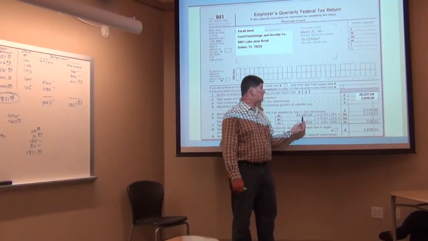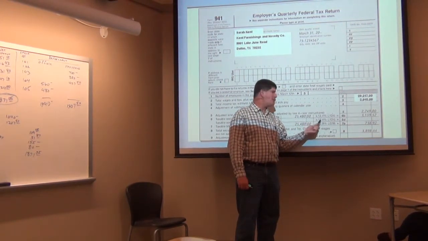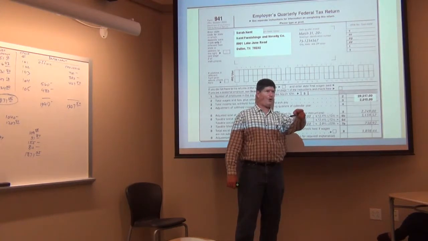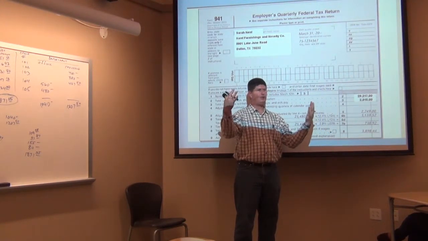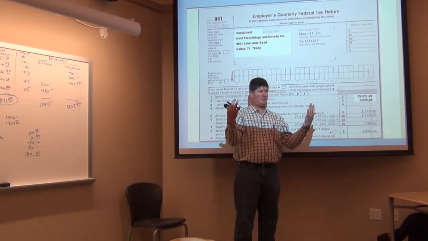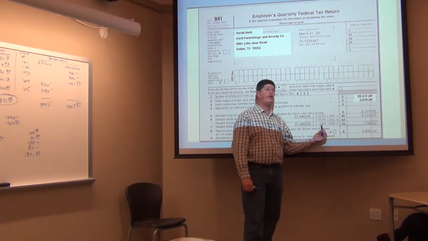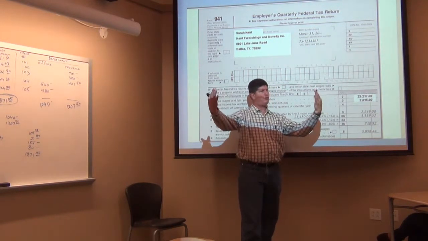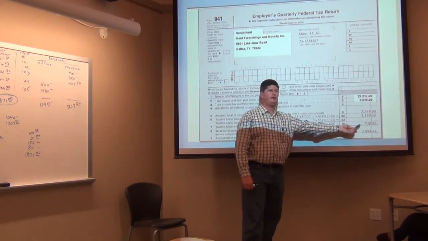Now notice, what's the Social Security tax rate? 6.2, right? But they put in here 12.4 because it's the employee's part and the employer's part that you should have paid. Same thing with the Medicare tax. Instead of it being 1.45, they used the employee and employer at 2.9, and the total you should have paid.